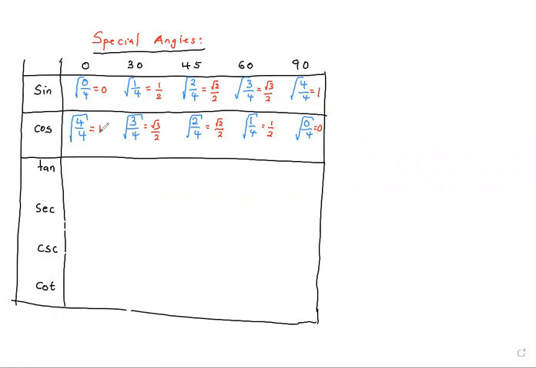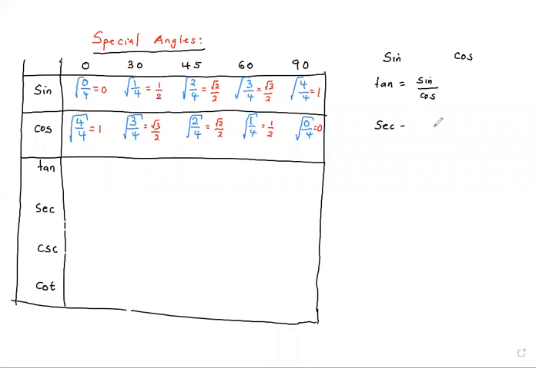Then, you saw yesterday that if you understand sine and cosine, then you have an easy way of understanding the whole trigonometry, because tan is just sine over cosine.